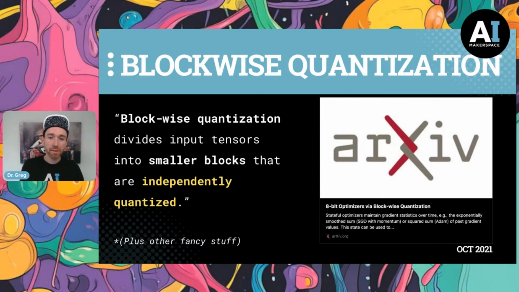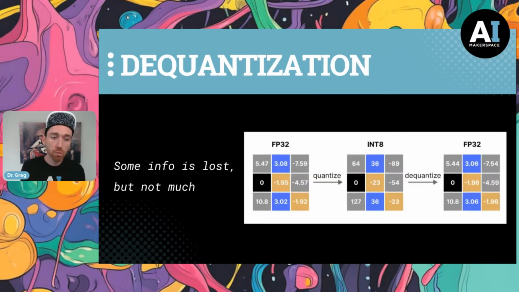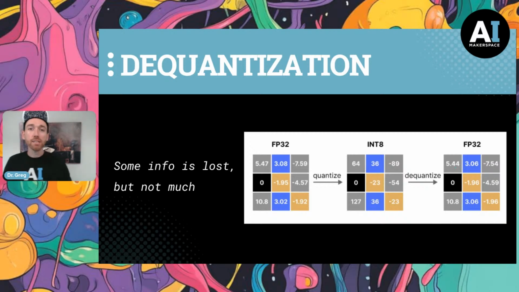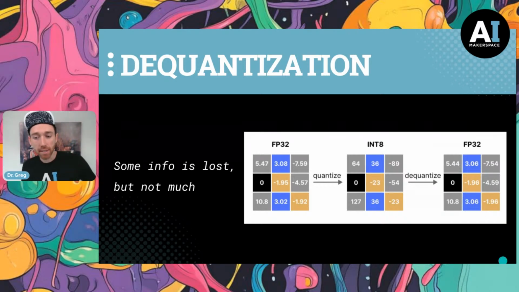Now, when we think about these quantization errors that allow us to go back, they're allowing us to do what we call dequantization. Again, some information is lost, but not all of the information is lost. So 5.47 after we quantize and dequantize might become 5.44 and so on. Is that good enough? Well, generally, yeah, it's good enough.